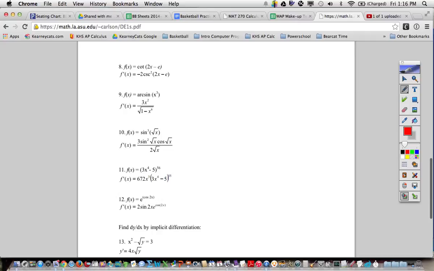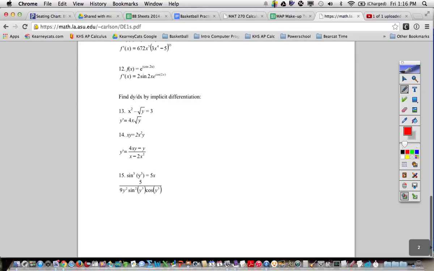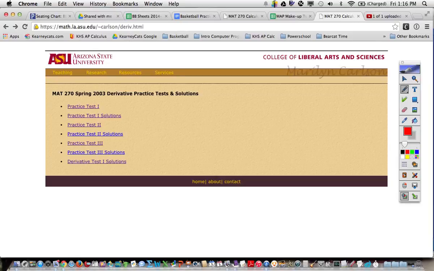Here's a chain rule. 56 power, that's interesting. E to the cosine. A couple of implicit differentiation ones. Yeah, that looks similar. Maybe too easy, but okay. All right. A little easier than ours, but we are currently on Arizona State.